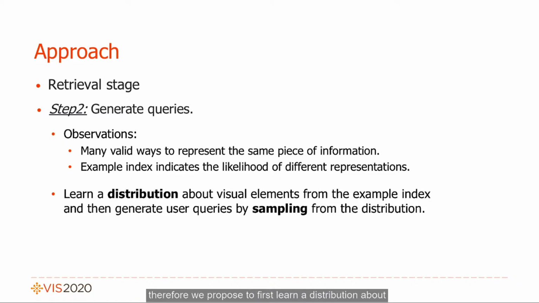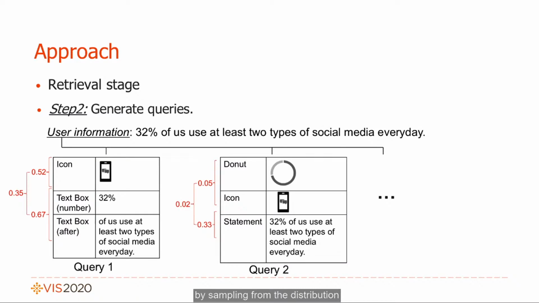Therefore, we propose to first learn a distribution about visual elements from the example library, and then generate user queries by sampling from the distribution. For example, given a user information, we have opportunity to sample query 1 with 0.35. And we also have opportunity to sample query 2 with 0.02.